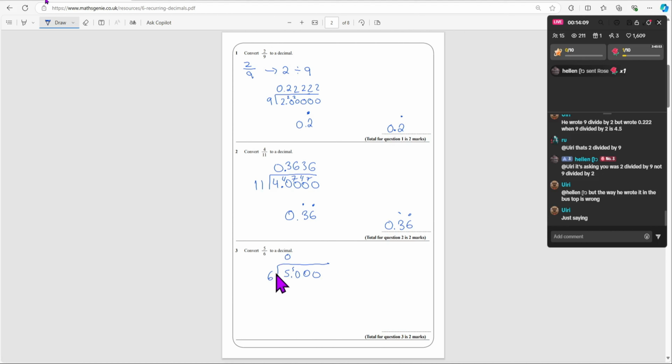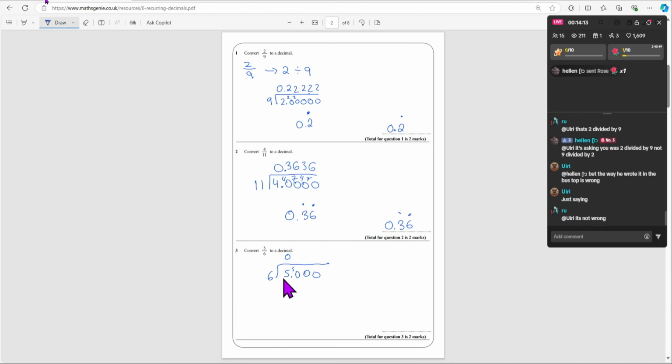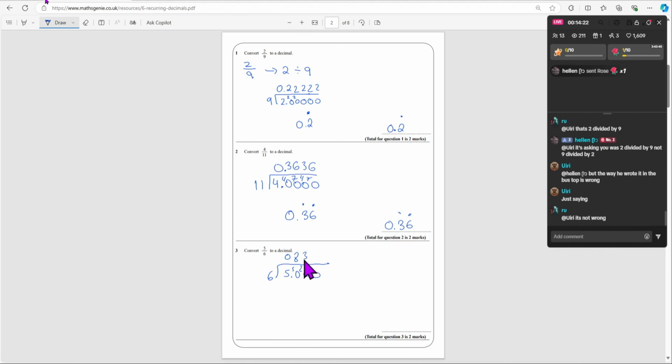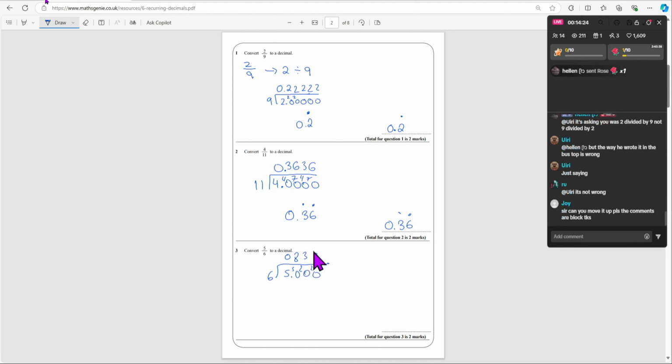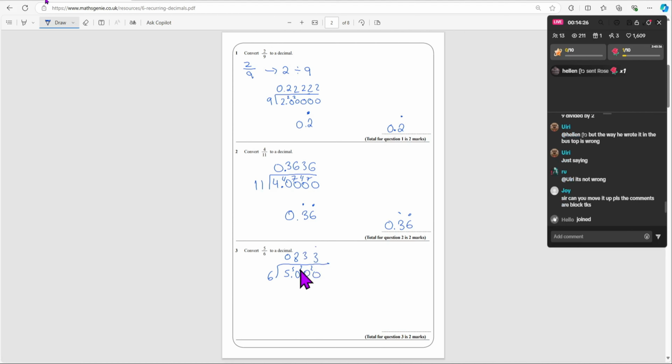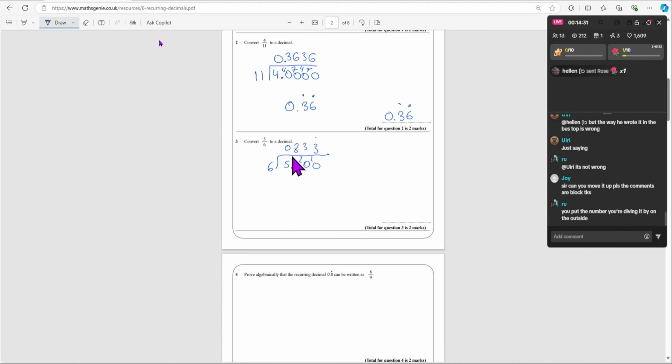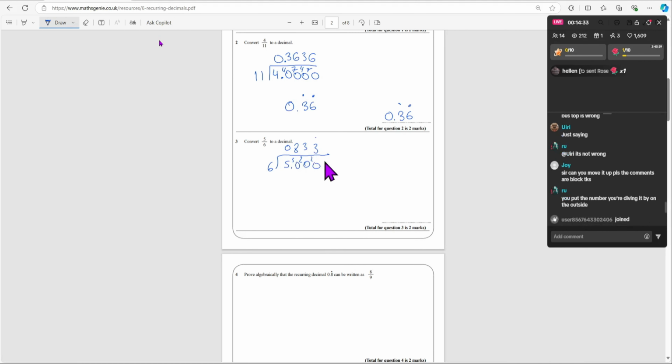Carry the 5. 50 divided by 6 is going to be 8. 6 goes into 50 8 times. The remainder is 2. And then 6 goes into 20 3 times. Then 2 is going to be the remainder, and it keeps on recurring. And now we know that 3 is going to keep on recurring, as it's going to be remainder 2 again, and it's going to be 3 again. So we're going to write it as 0.83 recurring.